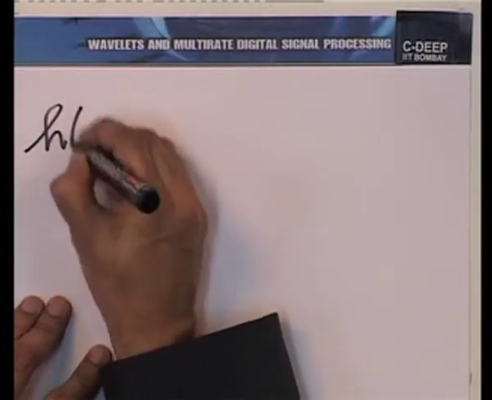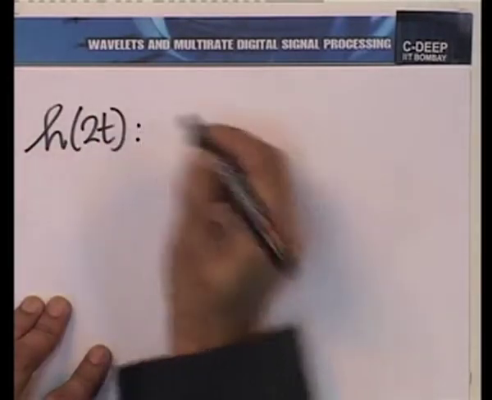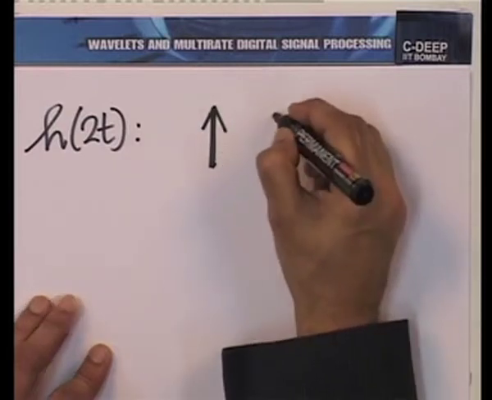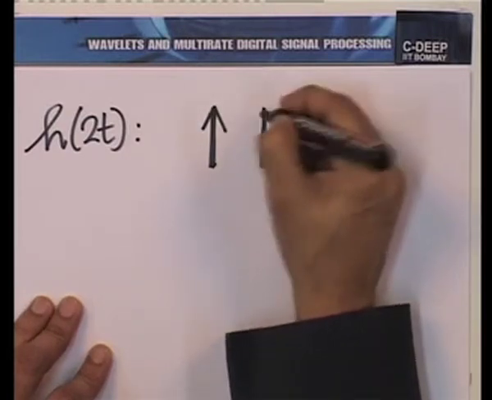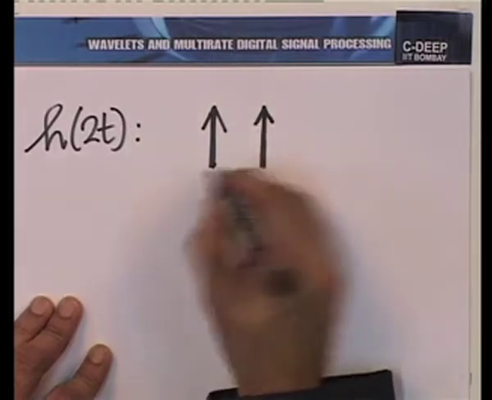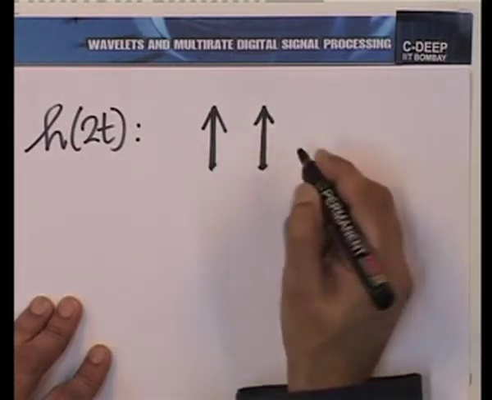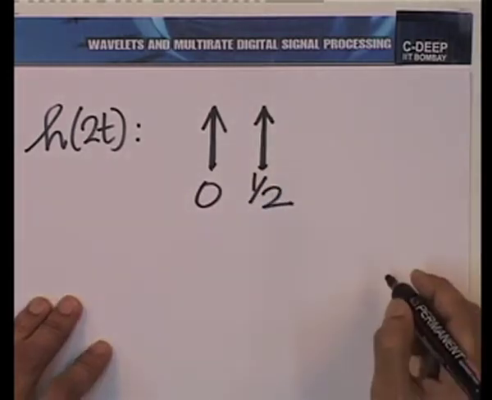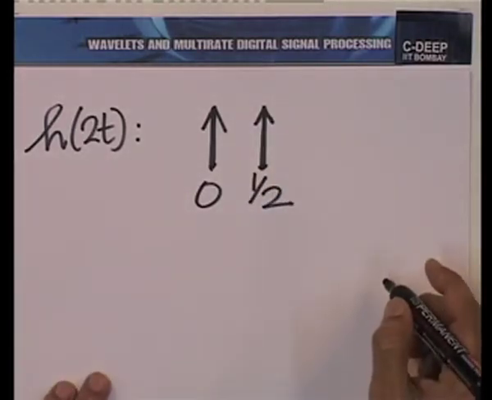And h of 2t will look like this. If I really wish to be finicky, I should be putting down the strengths of the impulses carefully too, but let us not get that finicky.